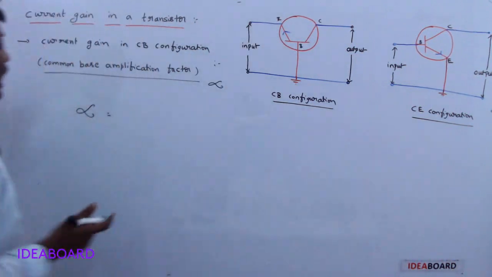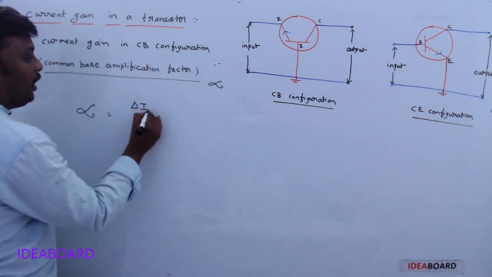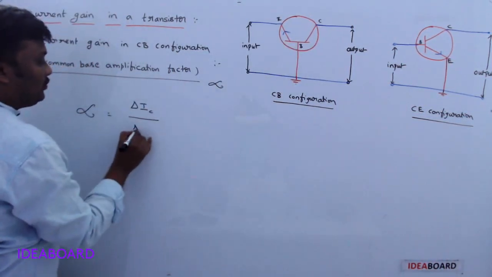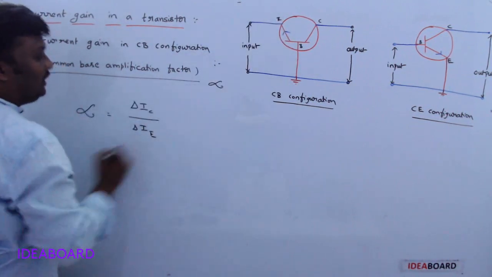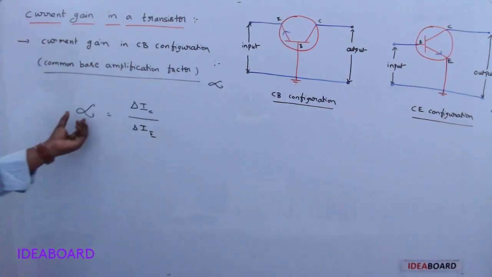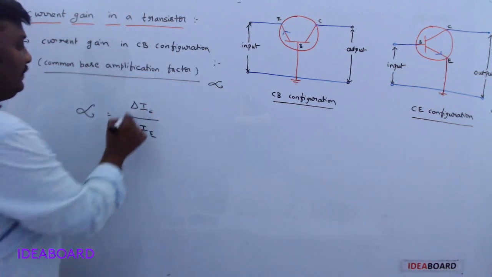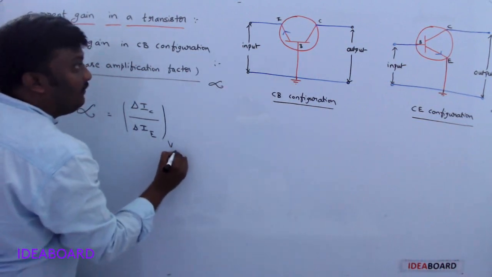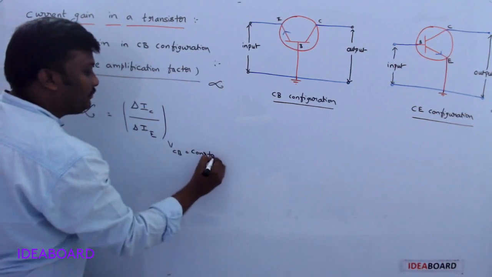So alpha formula is small change in output current, that means collector current, by small change in input current, nothing but emitter current. So what is the formula for alpha? Delta IC by delta IE, at output voltage VCB equal to constant.